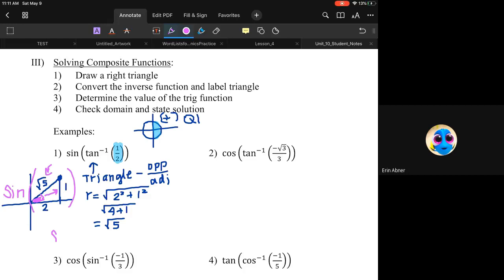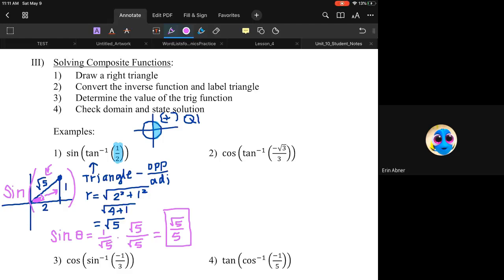So then I have sine of theta is equal to 1 over the square root of 5. But I cannot leave my denominator as a square root, so I have to rationalize my denominator, and I multiply both the top and the bottom by the square root of 5, which leaves me with the square root of 5 over 5. This is my answer.